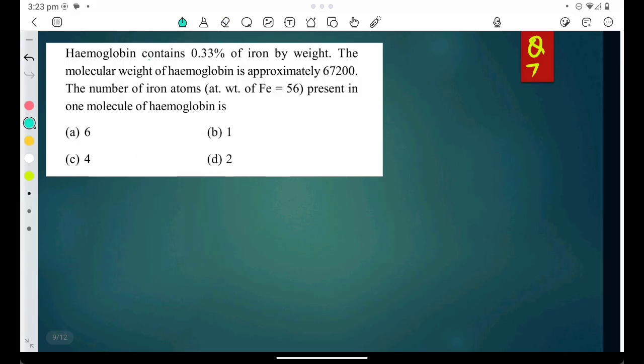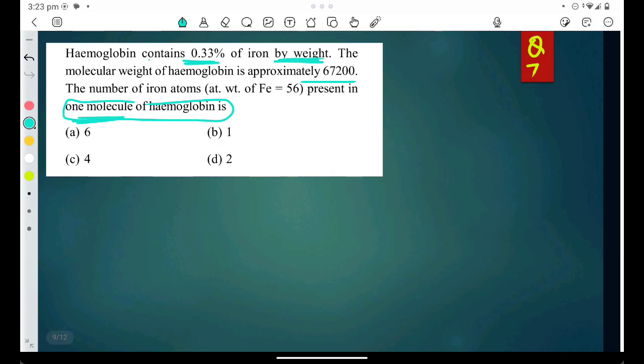The question says hemoglobin contains this much percent of iron by weight. Weight is important, so I'm supposed to calculate weight first. The molecular weight of hemoglobin is approximately this. What does molecular weight mean? Mass of one molecule.